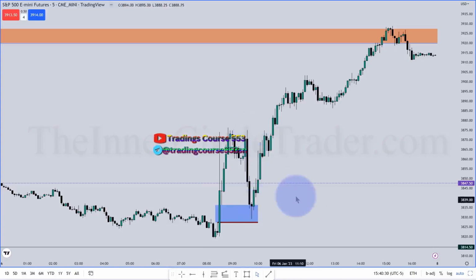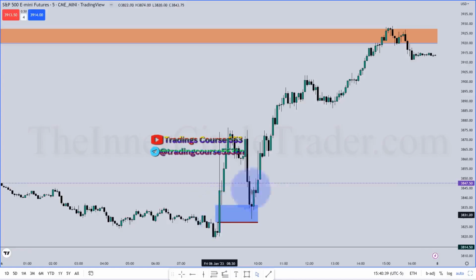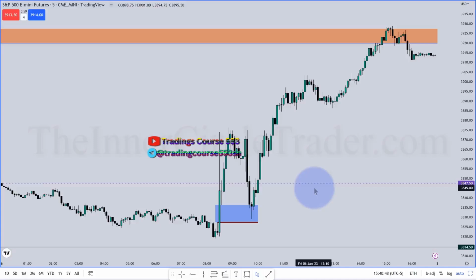But when there's high impact news drivers like non-farm payroll or FOMC, it can overshoot these areas. So when I'm looking at price action, if I don't have a high impact news driver like FOMC or non-farm payroll, which I wouldn't be trading on non-farm payroll anyway, despite what you're going to see later on.